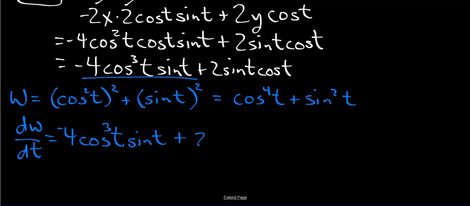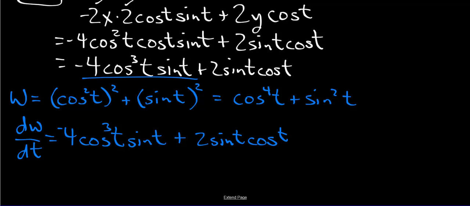This is going to be 2 sine t cosine t. See? The derivative of the outside times the derivative of the inside. Now, this is when x and y are functions of a single other variable, t in this case. They're just functions of t.